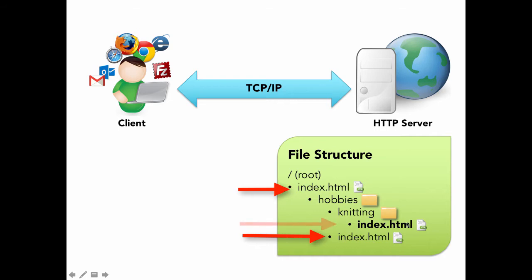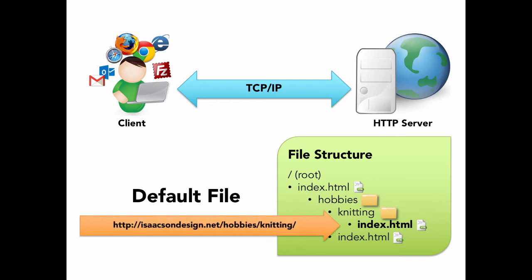And finally, we also have an index.html within the knitting folder. Each of these index.html files is referred to as a default file, which means it's a particular type of file name that web servers tend to look for if no file name is given.